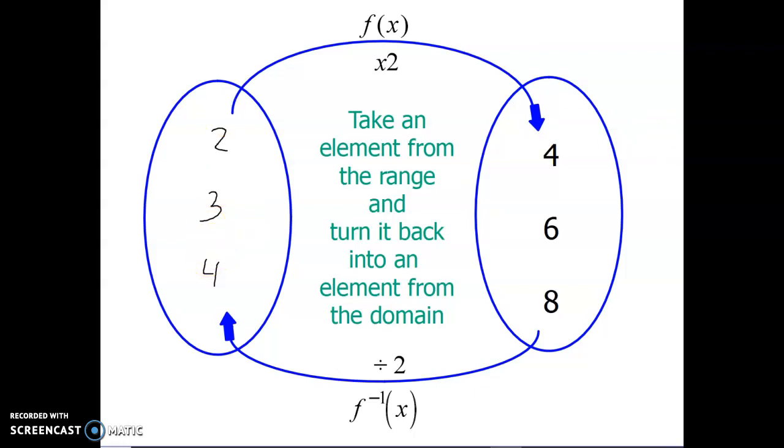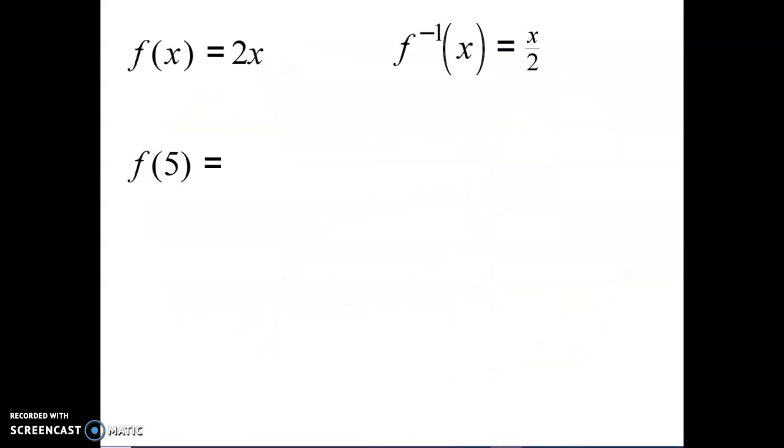All right, let's see what that's going to look like algebraically. So my function that I was just looking at was multiply by 2. If I take a value of x in the domain and I multiply it by 2, that's what my function would look like. Now my inverse function, I'm going to take an element and I'm going to divide by 2 instead of multiplying by 2. One thing to notice here is when we rewrite it like this, you do still put an x there.